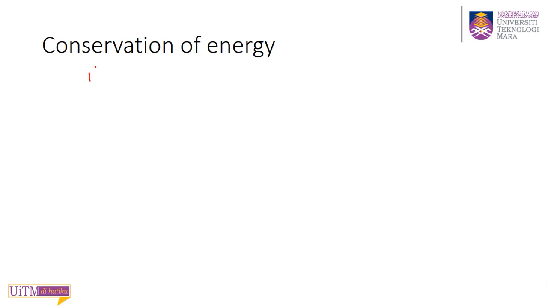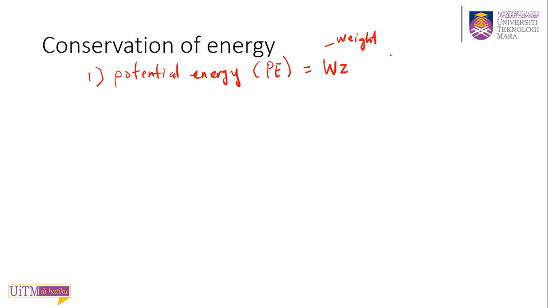The first one is potential energy, or we can call it PE. PE stands for potential energy, and the formula for potential energy is WZ. What is W? W is weight, and Z is elevation.